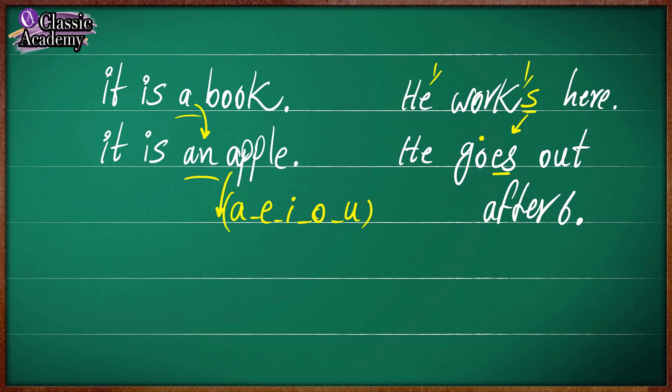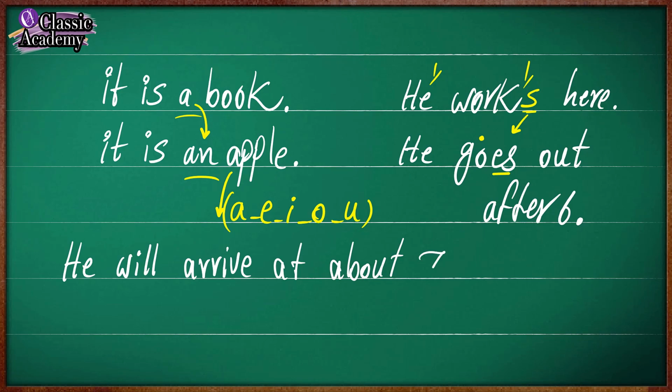Don't worry at all. Okay, another example with will. He will arrive at about 7. Okay, I am talking about he, and I really cannot be 100% sure that he is here at 7 or about 7, because I'm not very sure what will happen to him.